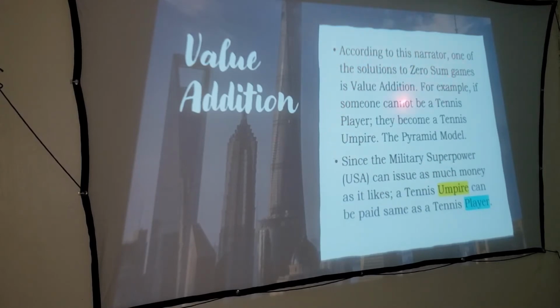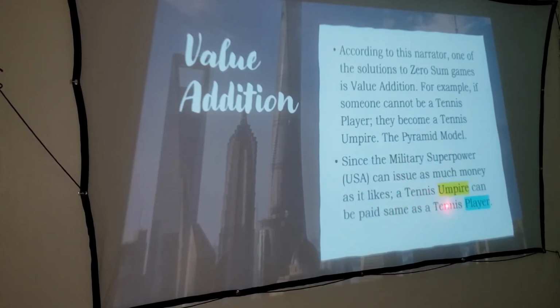According to this narrator, one of the solutions to zero-sum games is value addition. For example, if someone cannot be a tennis player, they become a tennis umpire, the pyramid model. Now, since the military superpower, the United States of America, can issue as much money as it likes, and this is actually a good thing because I do believe in an umpire.